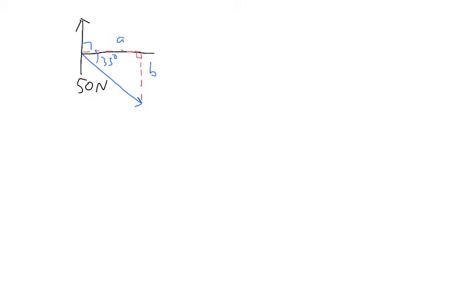So we've got here the opposite, the adjacent, and the hypotenuse, which is 50 newtons. If we want to find A first, A is the adjacent, and we have the hypotenuse. Remember SOHCAHTOA.